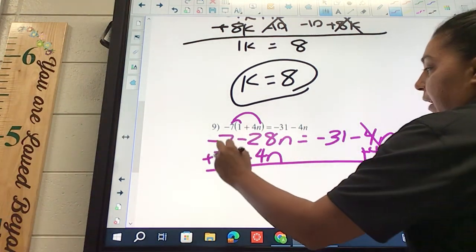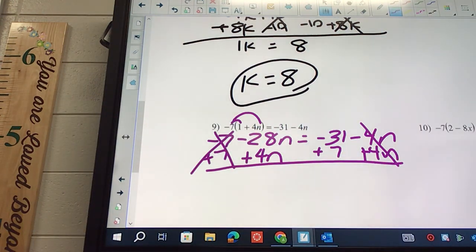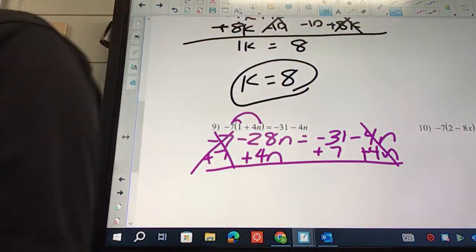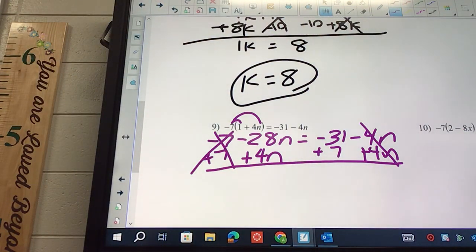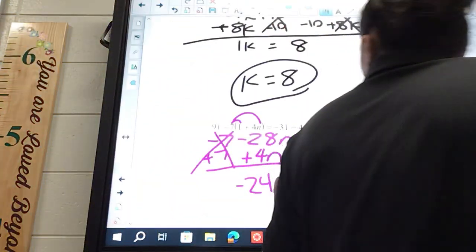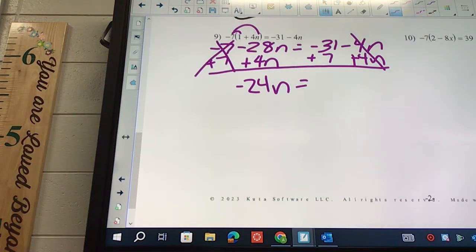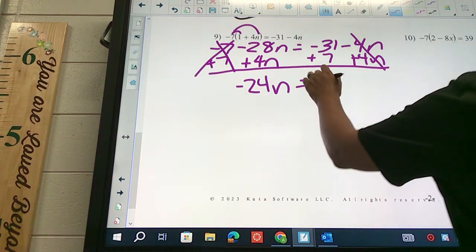And then a plus 7 and a plus 7. Negative 28 plus 4. Negative 24n. And then a negative 31 plus 7. Negative 24.